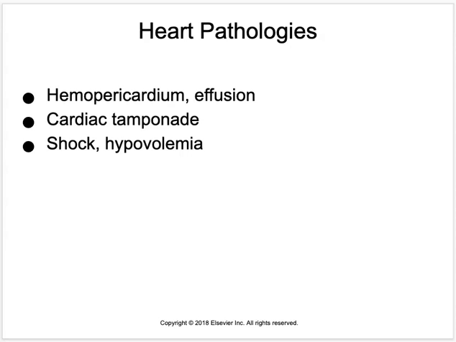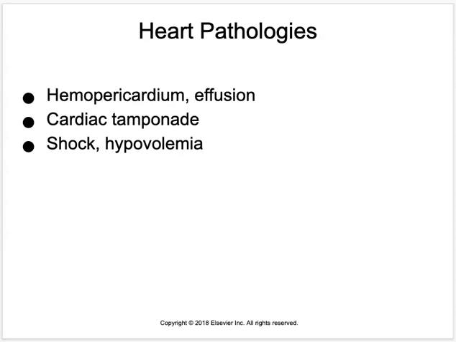So an effusion is where fluid escapes into an area it shouldn't be. So hemopericardium is an effusion of blood into the pericardial space. Blood escapes from where it's supposed to be and builds up in the pericardial space.